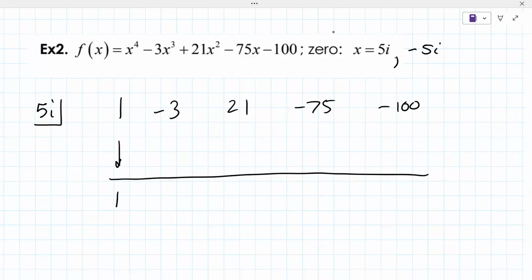The other thing is that you can't combine anything, so it becomes minus 3 plus 5i, and then you're multiplying this minus 3 plus 5i times the 5i. You just have to be careful. I would try to stick with writing everything in a plus bi form. So could you multiply 5i times minus 3 plus 5i for us and give it to me in that a plus bi form?